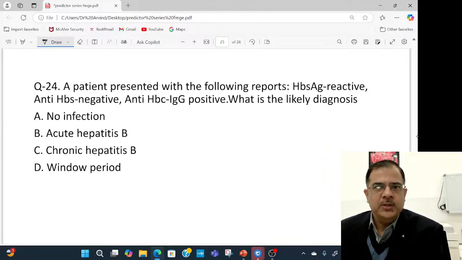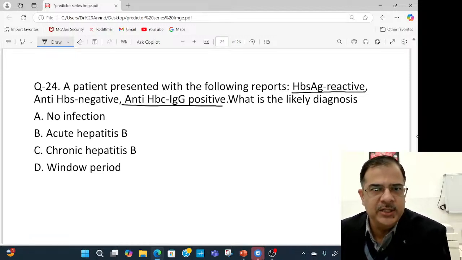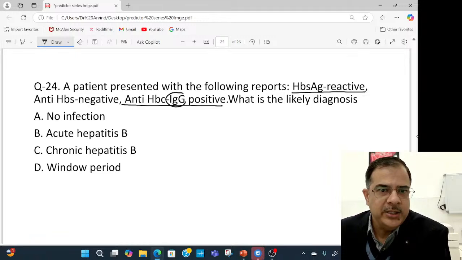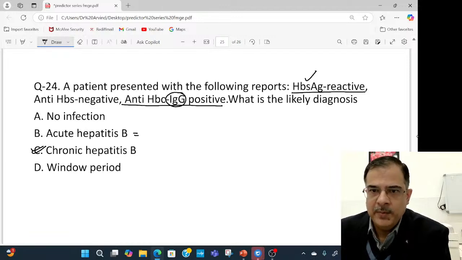Now, coming to this question, the patient is HBsAg reactive and the anti-HBc IgG is positive. So, whenever IgG is positive along with the surface antigen, it will be a case of chronic hepatitis. While in acute hepatitis, along with the HBs antigen, you will get anti-HBc of IgM type.